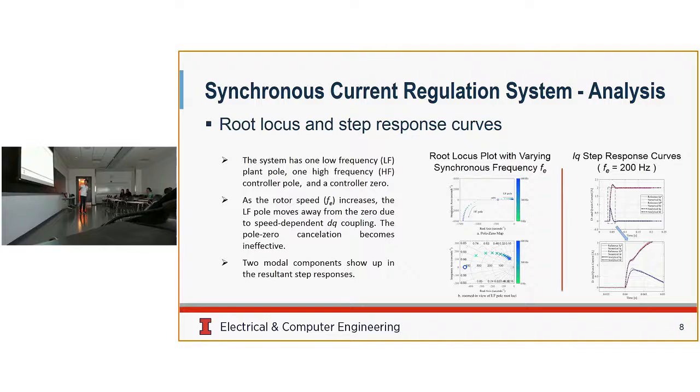So when you perform an inverse Laplace transform on the model, you get the step response of the system, and you can see that there are 2 mode components showing up in the resultant step response. So you can clearly see the effects of the cross-axis coupling that lead to a performance deterioration at high speeds.